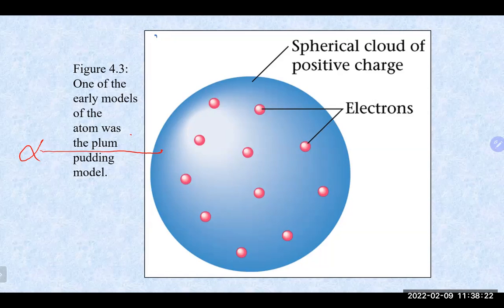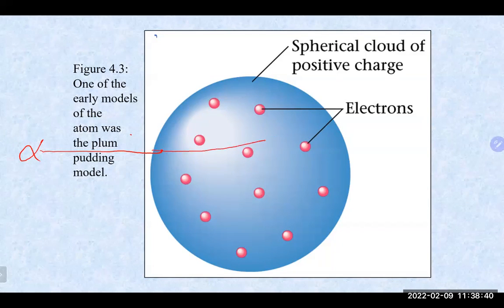But the positive charge is spread out over a pretty big distance. Like if you held up a piece of paper and pushed a pen through it, it probably would go through, but there would be some deflection as it gets pushed through the paper. And that's what they expected to see.